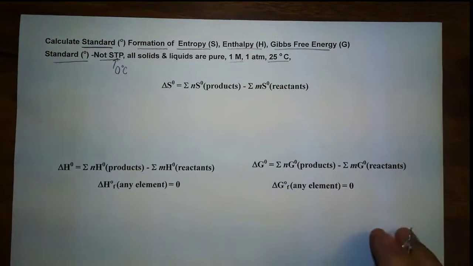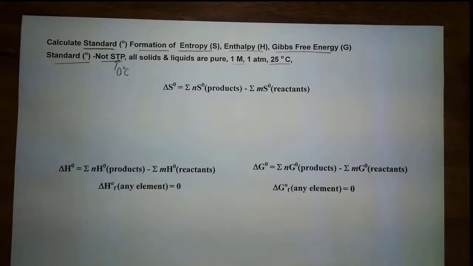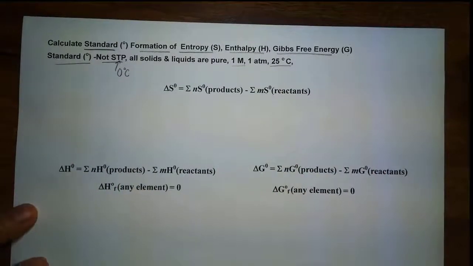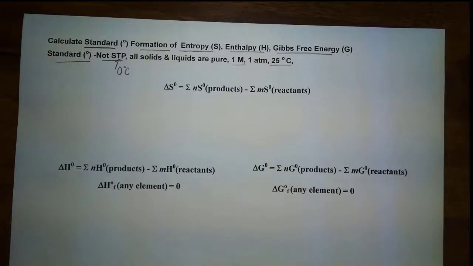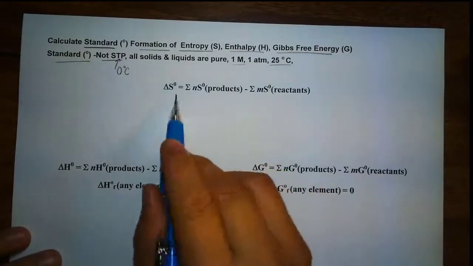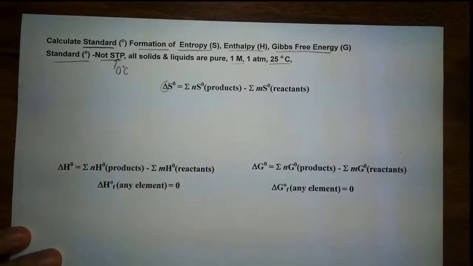So let's look at the equations as a whole and how they relate to each other. Notice how they all have the same or very similar format. That is, it's always relative to this delta. What is delta again? Remember, delta is change, right?